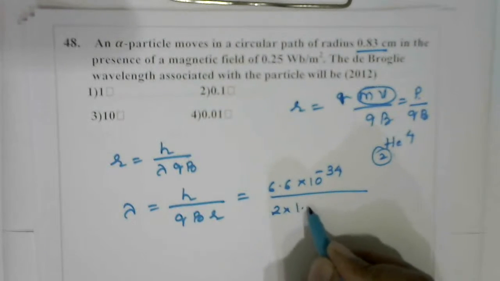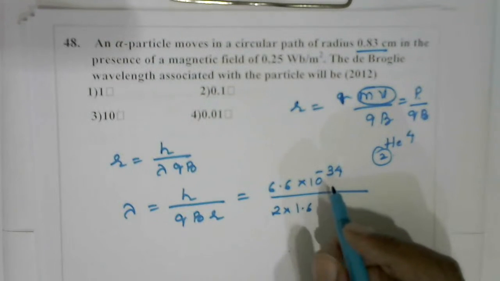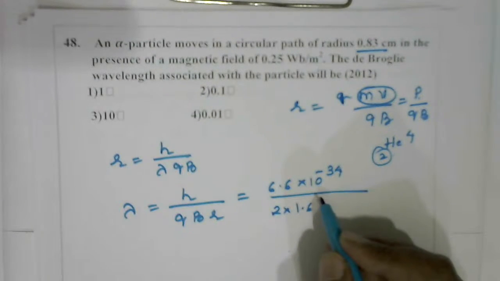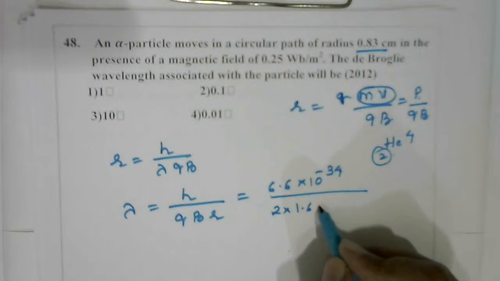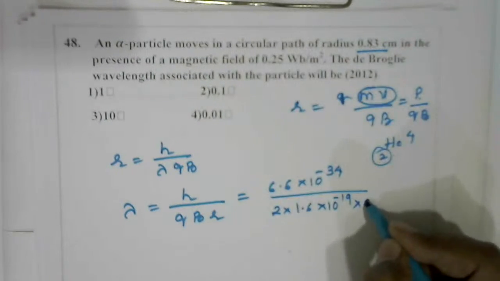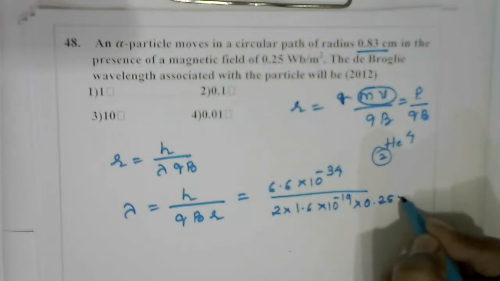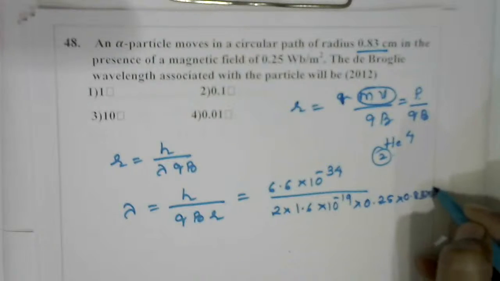So 2 into 1.6. Yes, some of you are answering already. Very good, Deepak. Arun Kumar, correct. Very good. So you are trying to give the equation: 1.6 into 10 to the power of minus 19, field is given as 0.25 Weber, radius is given, converted, as 0.83 into 10 to the power of minus 2.